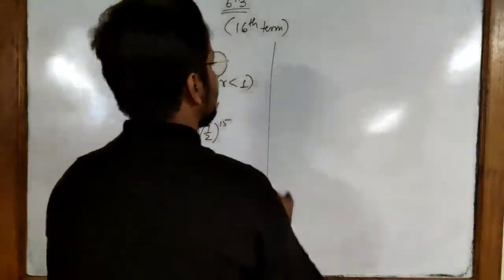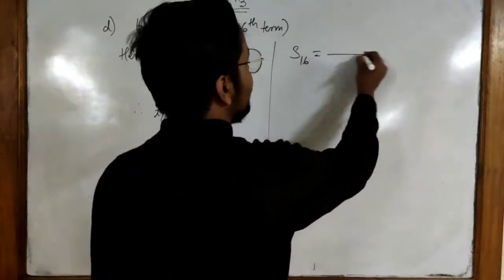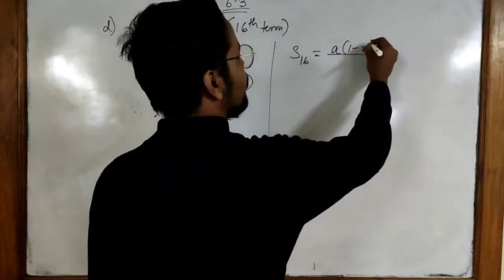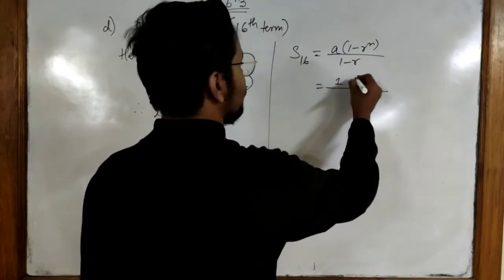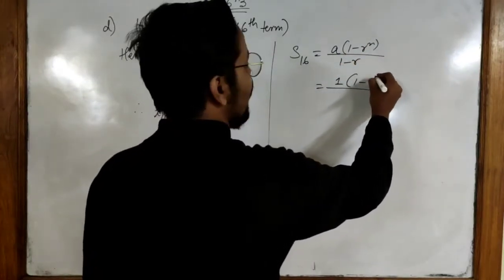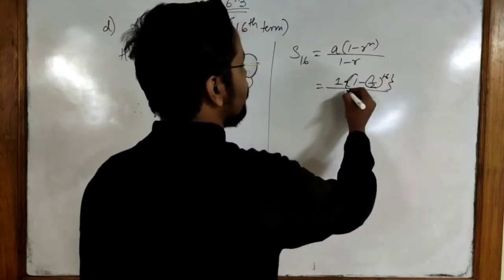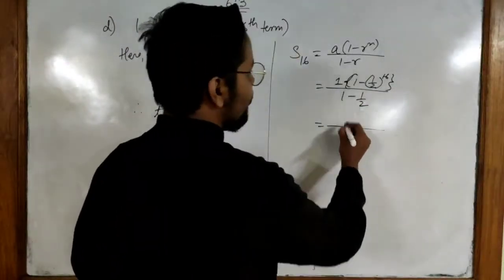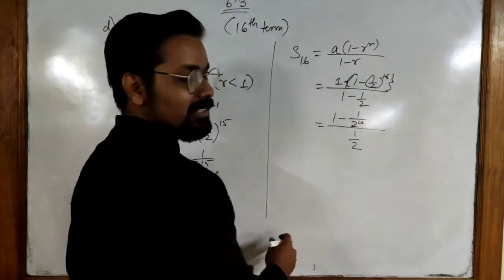Now we have to find the sum up to the 16th term. S16 will be a into 1 minus r to the power n by 1 minus r, since r is less than 1. So a is 1, and it is 1 minus half to the power 16 by 1 minus half. 1 minus half is half, and we have 1 minus 1 by 2 to the power 16.